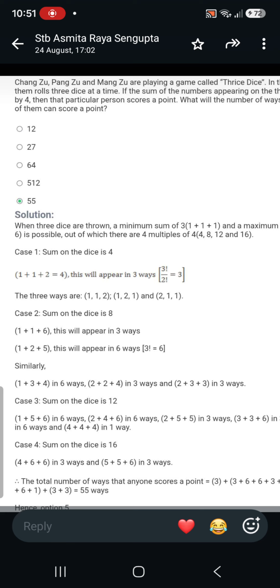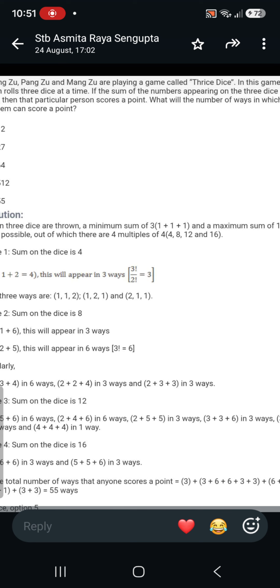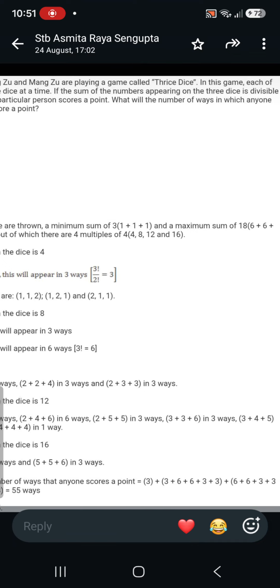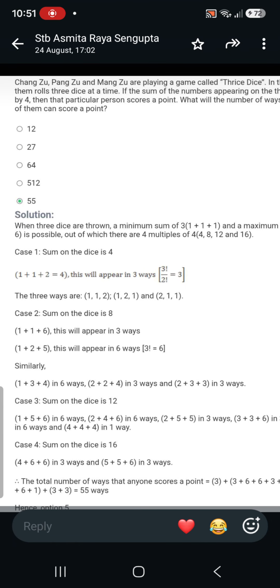That can also happen in 6 ways. 2, 5, 5 can also give us 12, but since 5 is repeated, the number of ways will be 3. 3, 3, 6 also gives me 12, so this will also be 3 ways. And 4, 4, 4 also gives me 12, so this will be 1 way. So the number of ways in which the sum is 12 will be 6 plus 6 plus 3 plus 3 plus 6 plus 1.